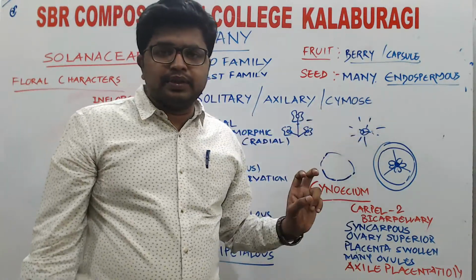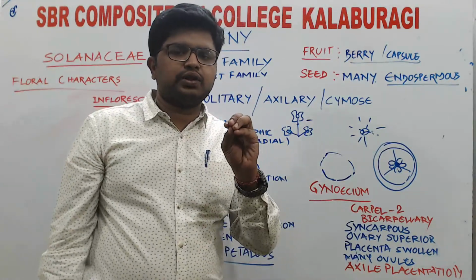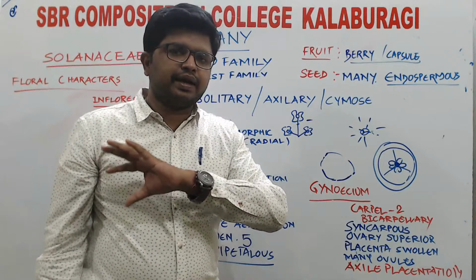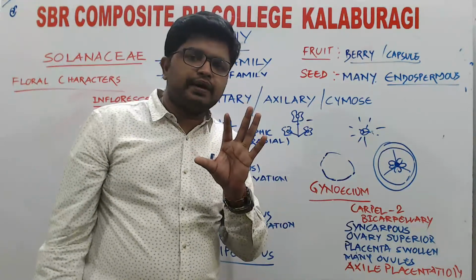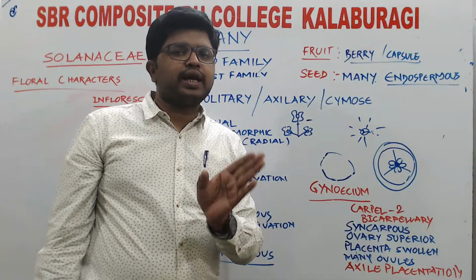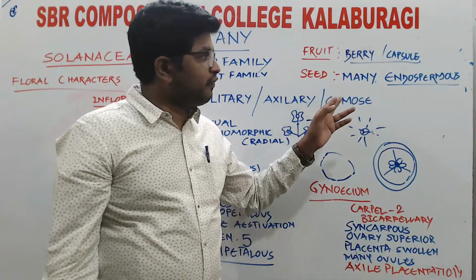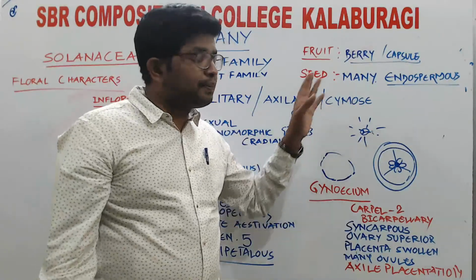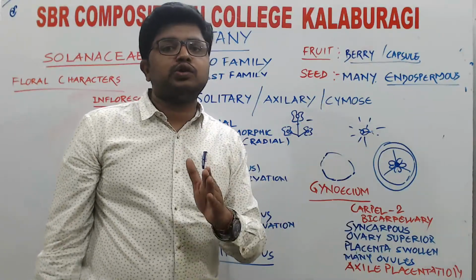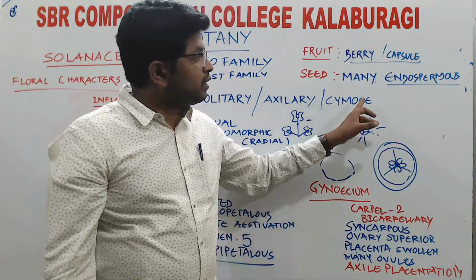Now, endospermous means, during the zygote formation, or the plantlet formation, what will happen? If the reserve food material, the endosperm, gets completely utilized during embryonal development, we call it non-endospermous.